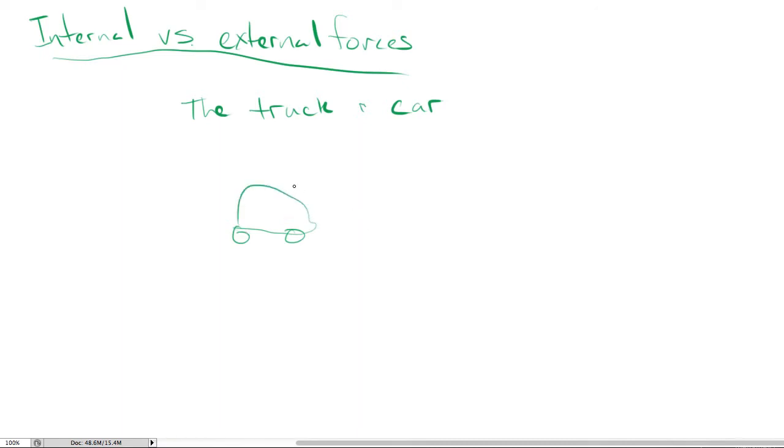My cars are horrible. All right, so you have some car, it's moving at a velocity v_c. You have some truck that is moving at a velocity v_t. And eventually they're going to encounter one another.